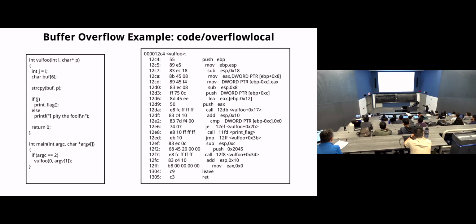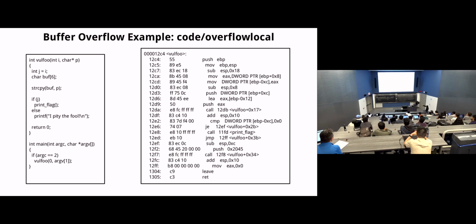The problem is string copy will only stop when you reach a 0. But the buffer is only 6 bytes, and we can input more than 6 bytes, right? So why will that happen? That will cause an overflow. So we need to figure out what we are going to overflow and how we can exploit that.